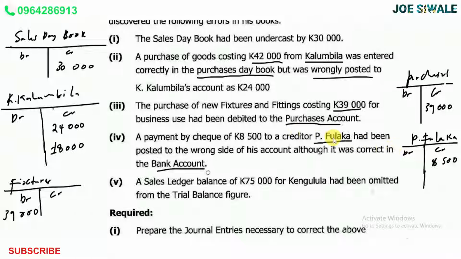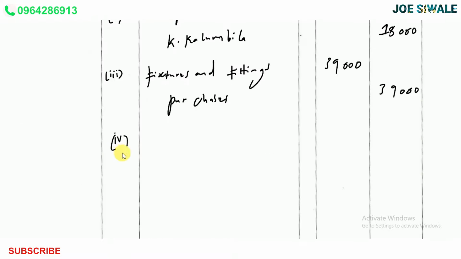Since P Fulaka was receiving the check, receiving the money, for us to show the amount on the debit side there, we're going to say 8,500 multiplied by 2, and our answer there is going to be 17,000. Which means we're supposed to debit 17,000 kwacha in P Fulaka's account, and we're going to credit 17,000 kwacha to the suspense account.